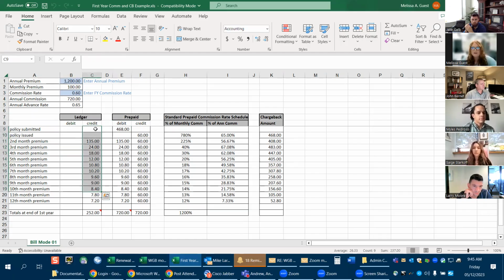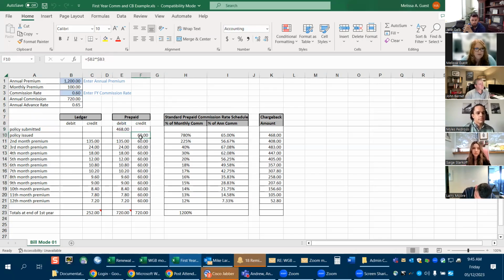You want your balances to be a credit balance because that results in the renewal payment. This ledger credit column can result in a renewal payment if they're clear across all of their accounts. So in this example, it would be a calculated advance of $468 that's debited to the agent account, prepaid balance up front.